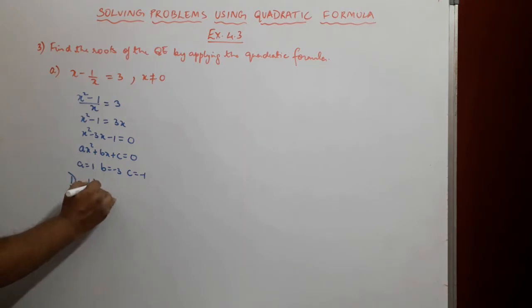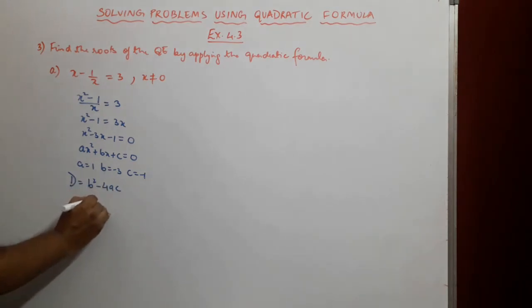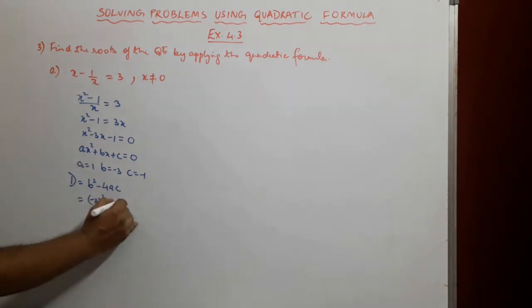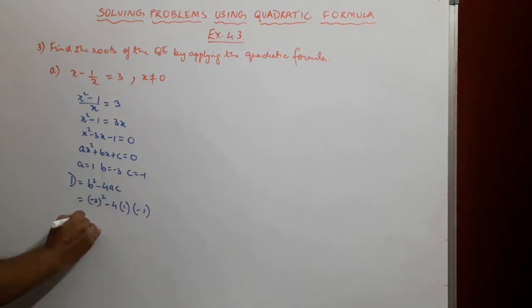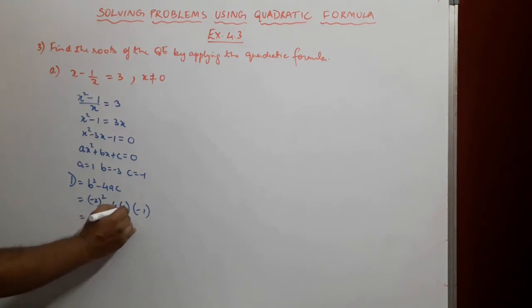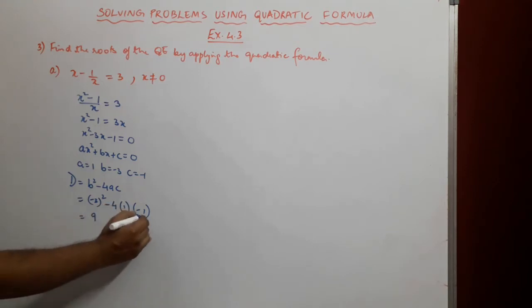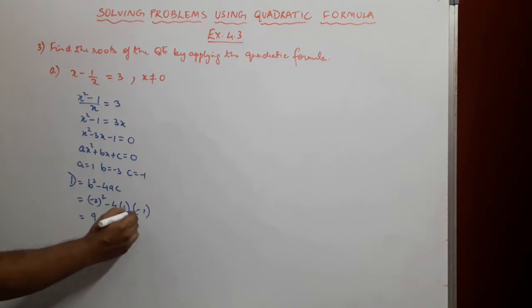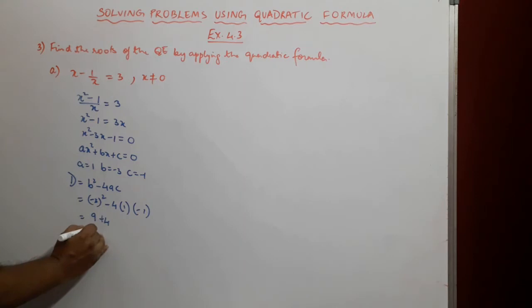So D is equal to b square minus 4ac. b is minus 3, so minus 3 whole square minus 4 into a which is 1 and c which is minus 1. Minus 3 whole square gives us 9. 4 into 1 is 4. 4 into minus 1 is minus 4. Minus 4 and minus 4 will give us plus 4.